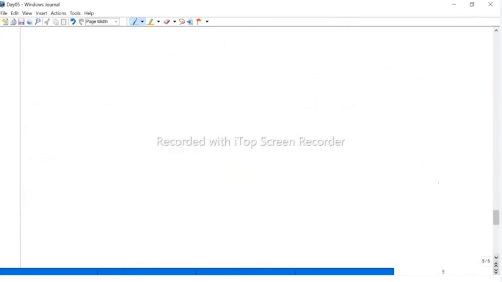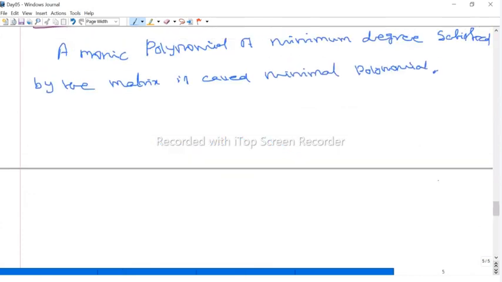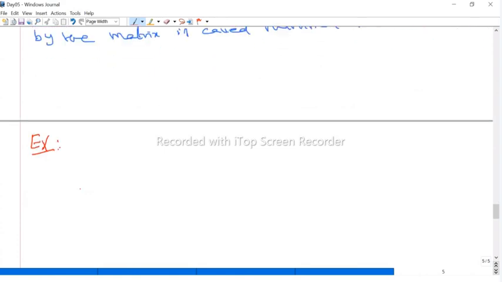For example, I'm taking some example. If you are given any matrix, we have a characteristic polynomial. Suppose I'm writing the characteristic polynomial x square minus 6x plus 9.